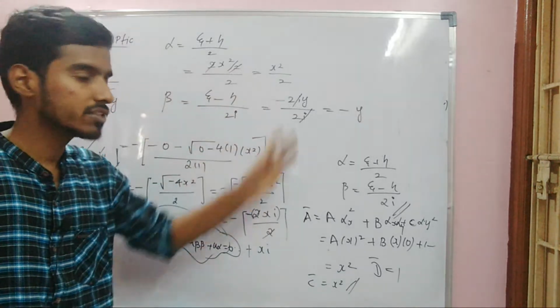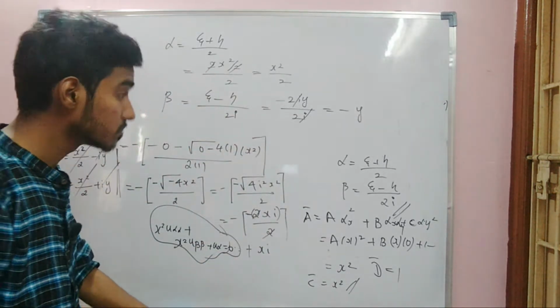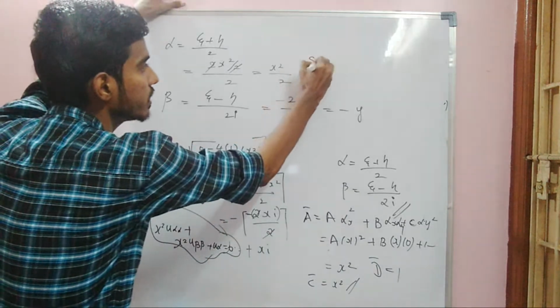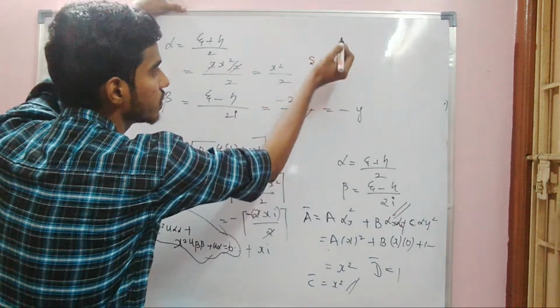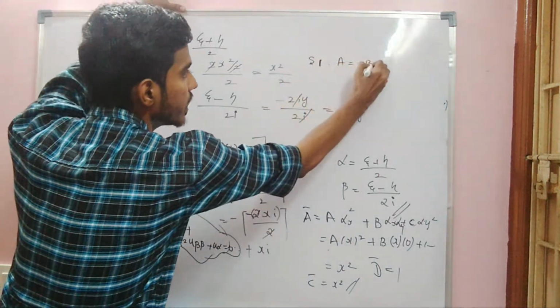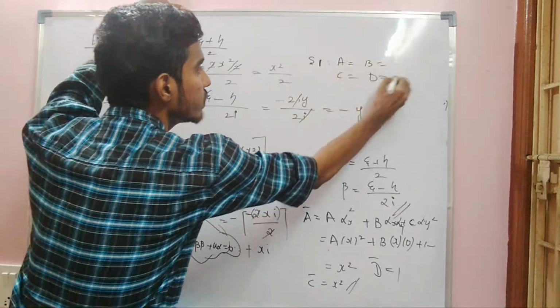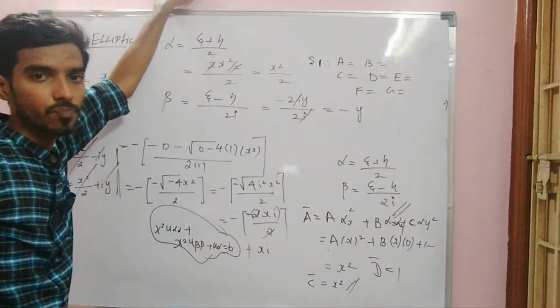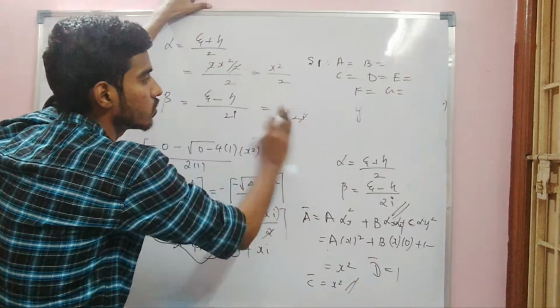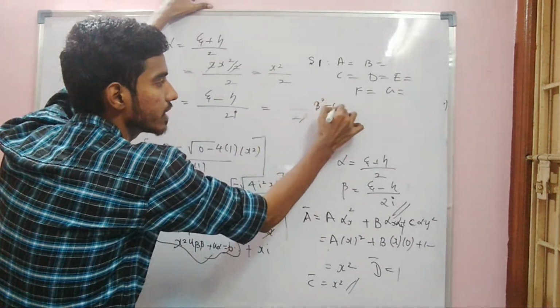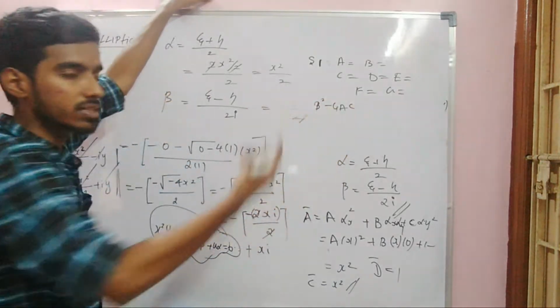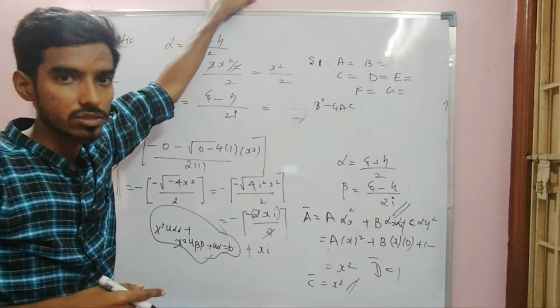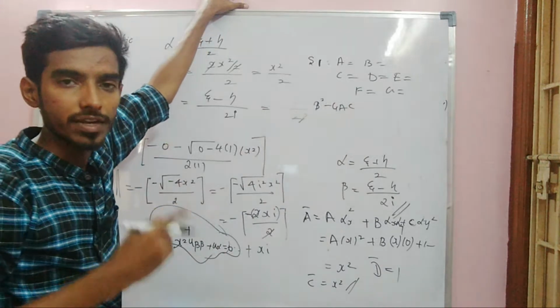Step 1 is, from the question you write down the a, b, c values, d value, e value, f value, g value, all the values. Then you find b square minus 4ac and check whether it is less than 0, greater than 0, or equal to 0. Depending upon that you have to find theta and eta.